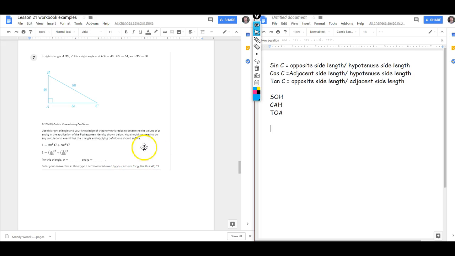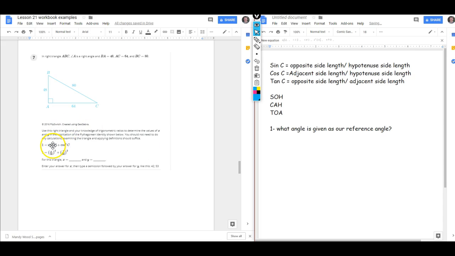So the first question that I'm going to ask is what angle is given as our reference angle.